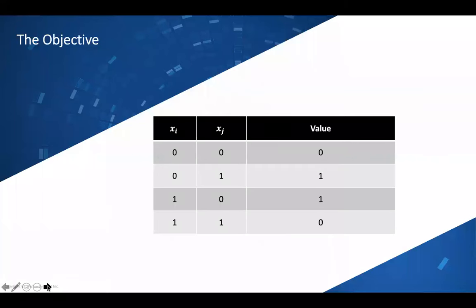And in this case, we make, just by default, the 0, 0 and the 1, 1 solutions have a value of 0 and make the other 2 have the value of 1. And why did I pick 1? I could pick a half, I could pick 74, I could pick whatever, but in this case, this will work just fine. We're going to solve this problem.